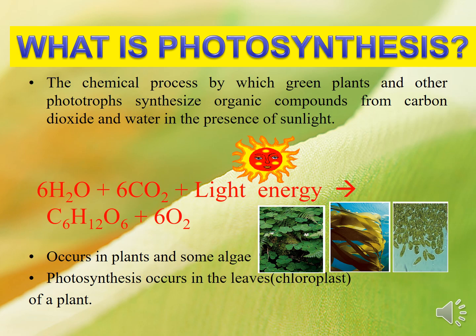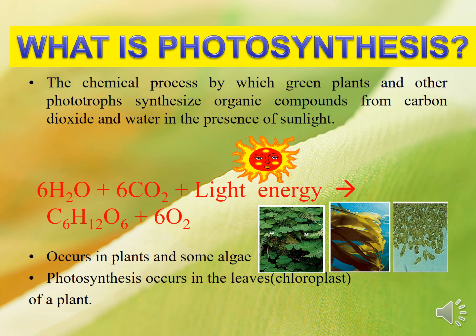So all of these, including the green plant, use carbon dioxide and water in the presence of light, and they produce their organic compound. What is the organic compound? It is glucose.